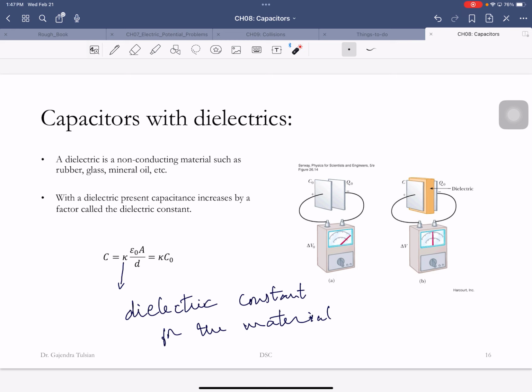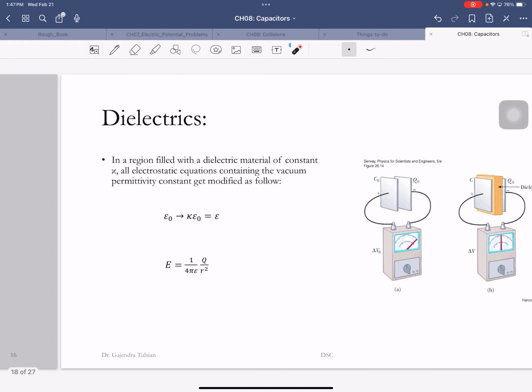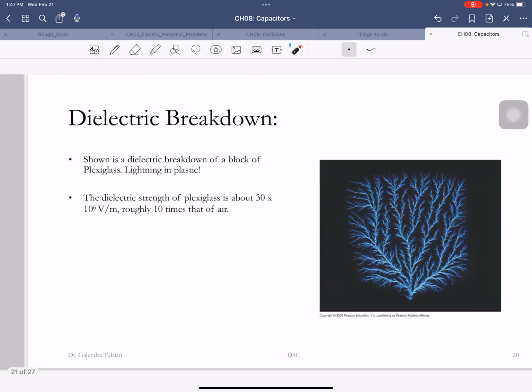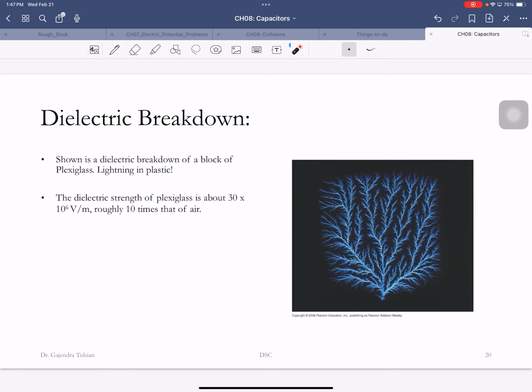Now I've filled this with rubber. Now can I charge it to greater and greater voltages? Is there any limit? You can have lightning through anything. There's lightning through plexiglass.